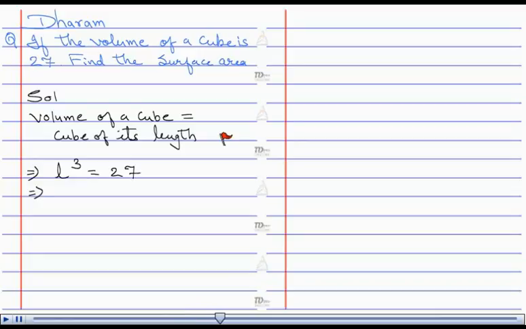Therefore, on taking cube root of L cube, we get the length L as 3.